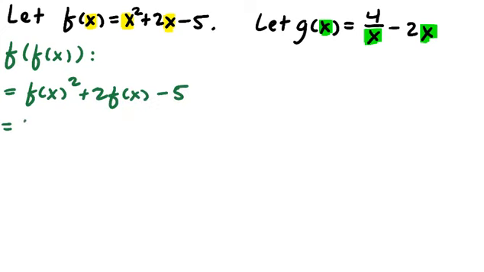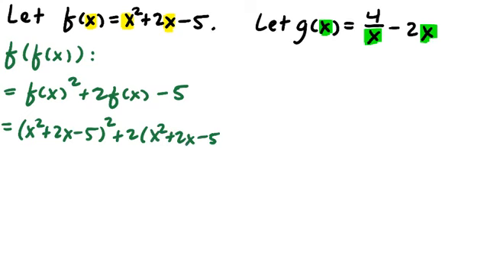Then I substitute in f of x, that's x squared plus 2x minus 5, squared, plus 2 f of x, and then subtract 5. Again, you don't need to bring out the box method and expand that trinomial or distribute in the 2. You don't need to do that.